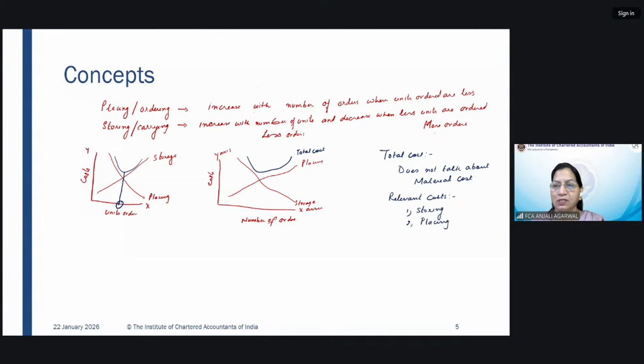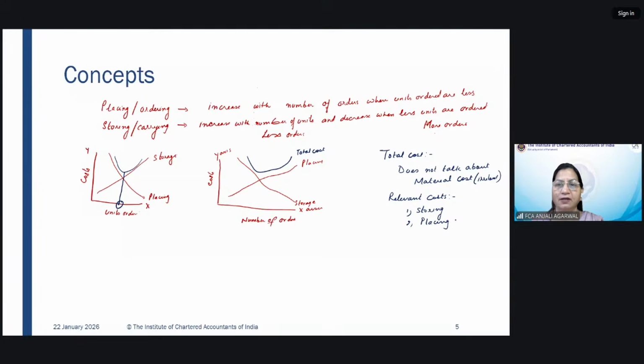Why is raw material cost not talked about here, or why is it irrelevant? Because if the raw material price is 100 rupees per unit and the shopkeeper says, if you want to buy 12,000 units, you need to pay 12,000 into 100, that is 12 lakh. Or if you want to buy 1,000 units, then also you need to pay 1,000 into 100, 1 lakh every time you place an order.